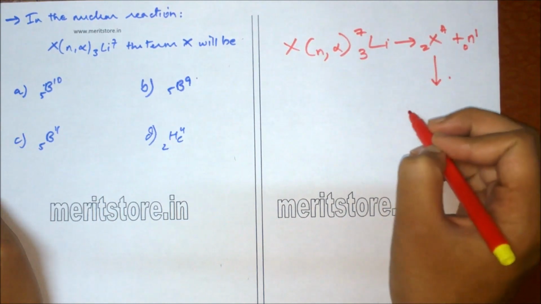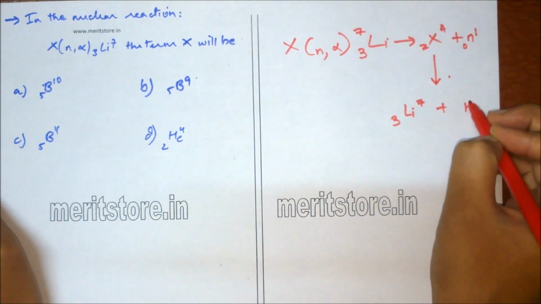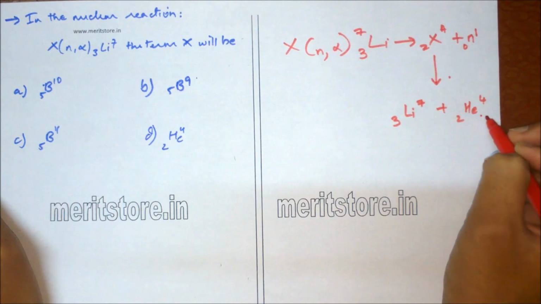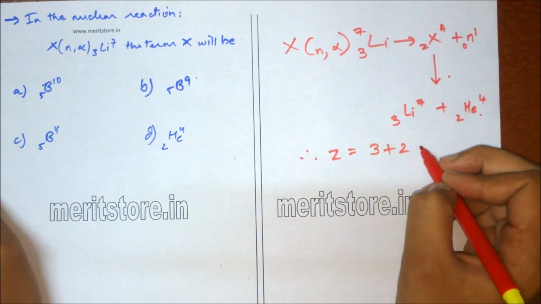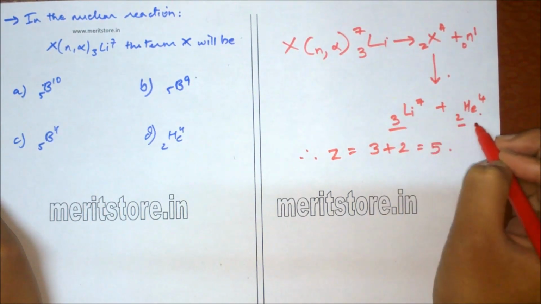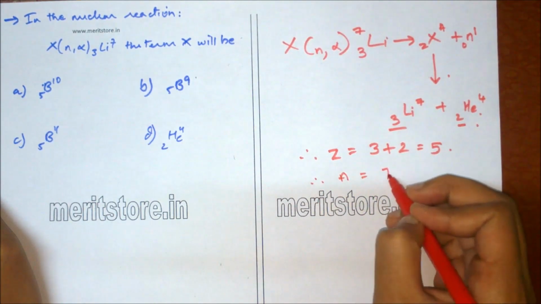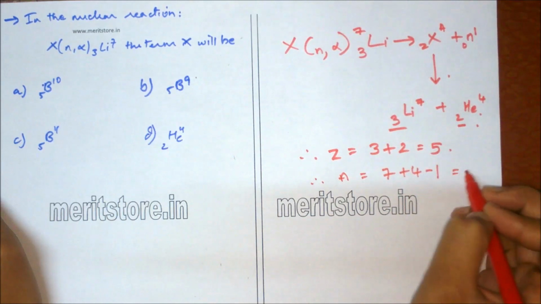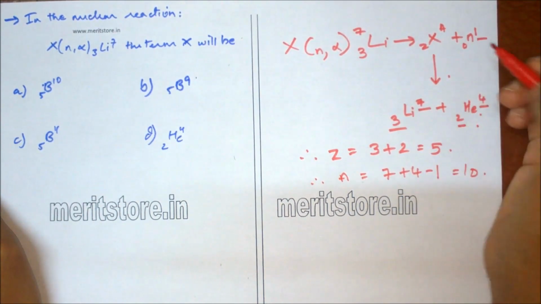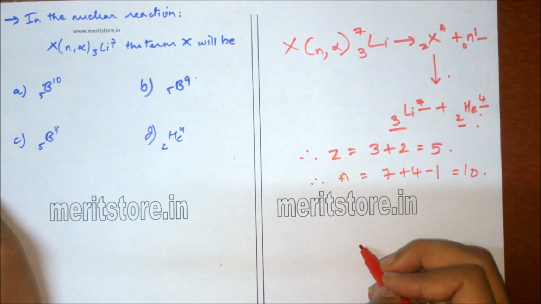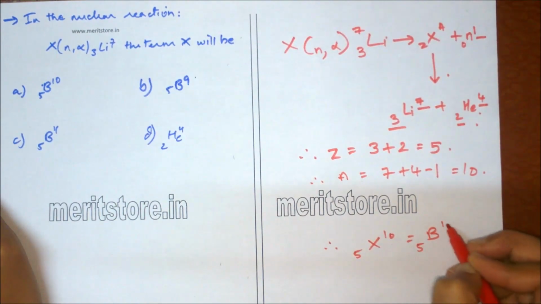So further we get lithium 7 and number 3 plus helium 4 and number 2. Therefore Z is equal to 3 plus 2 is equal to 5 and A is equal to 7 plus 4 minus 1, which is equal to 10. So from here we can write X is equal to 10, 5, which is equal to B, 5, 10, option A.